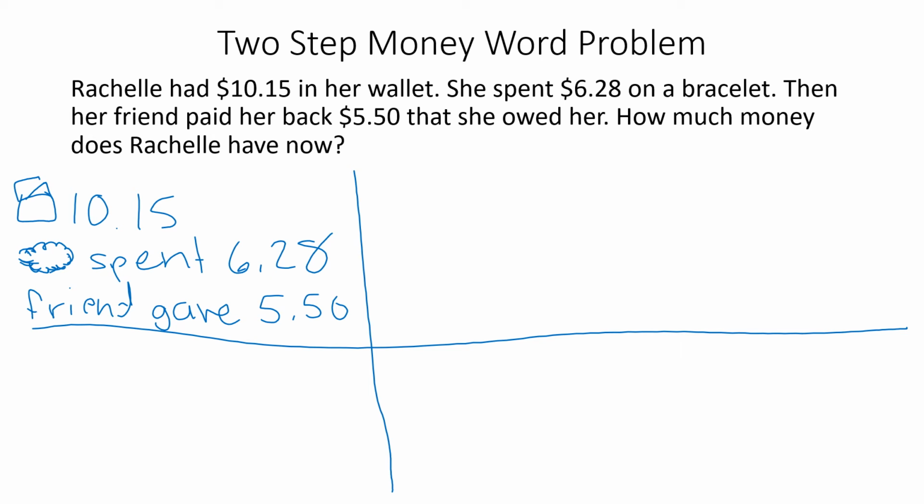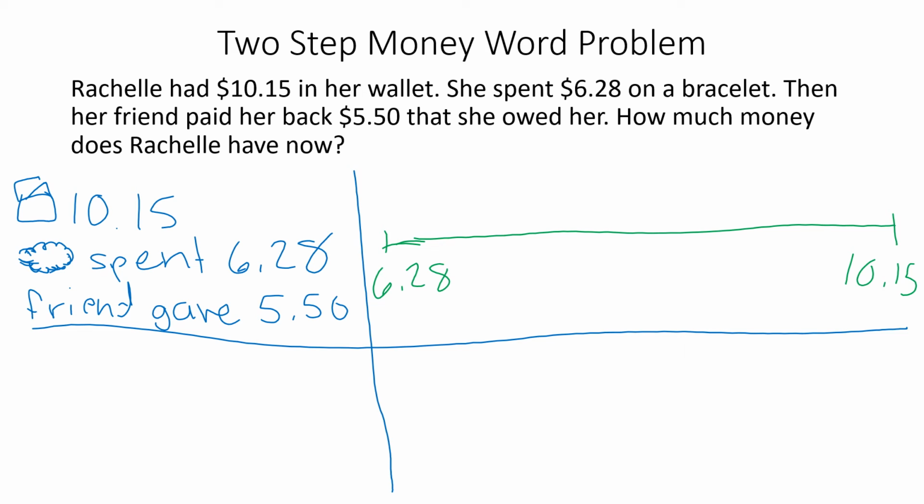So I'm going to use our counting up strategy, where I'm going to start at $6.28, how much the bracelet costs, and I'm going to go up to $10.15, how much money she has, and to find the difference will give me how much change she would get back.